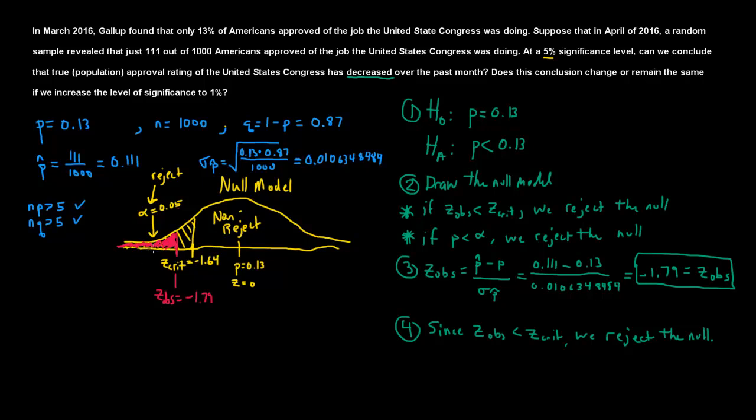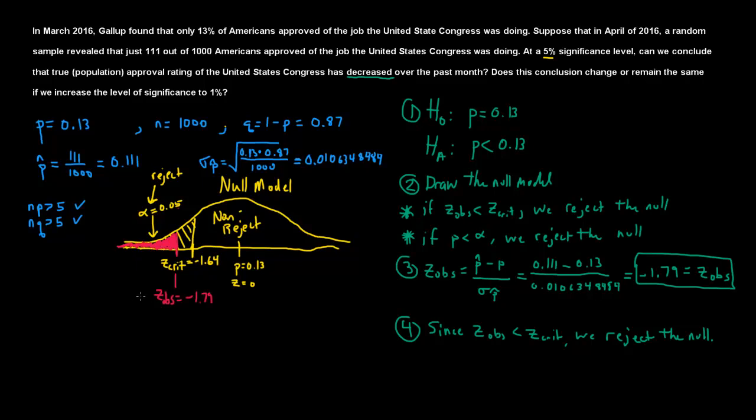So I'm about to use my calculator right here. This is a standard normal distribution. So what you're going to do is go to the distribution menu, if you have a TI, and we want to use the normal cumulative distribution. Let's go from just a really big negative number, like negative 999, which is way overkill, to negative 1.79, and see what that probability is.